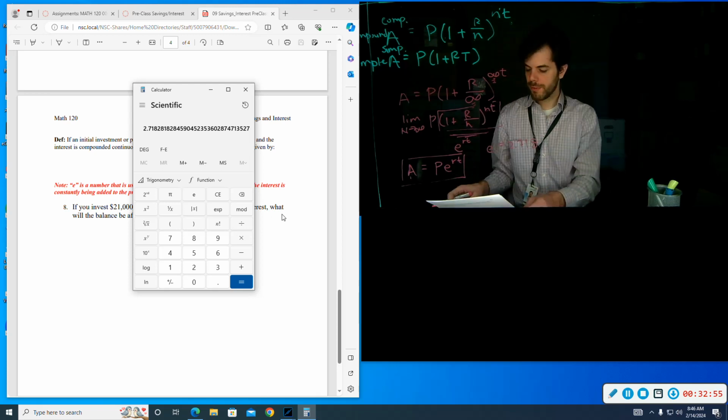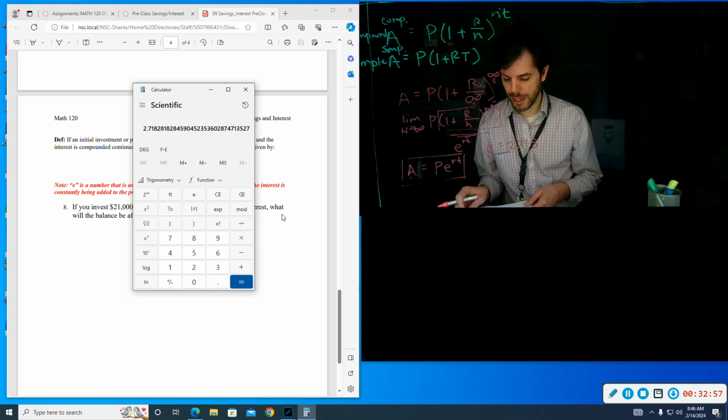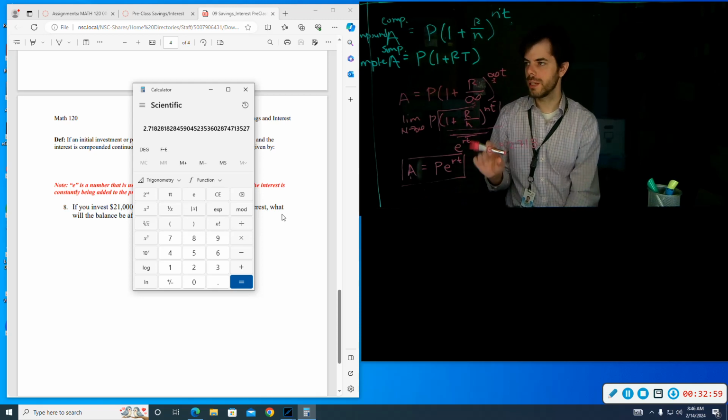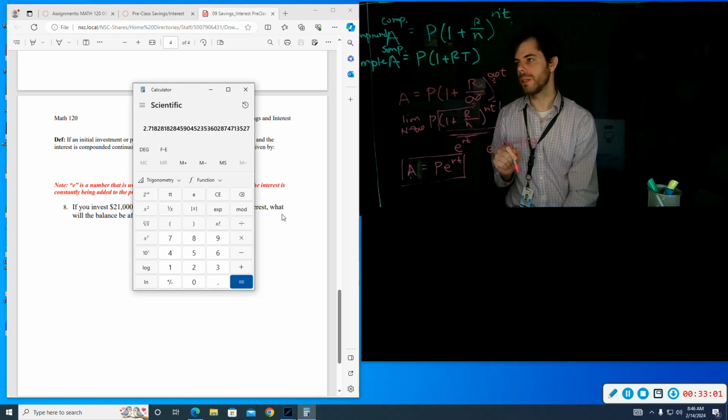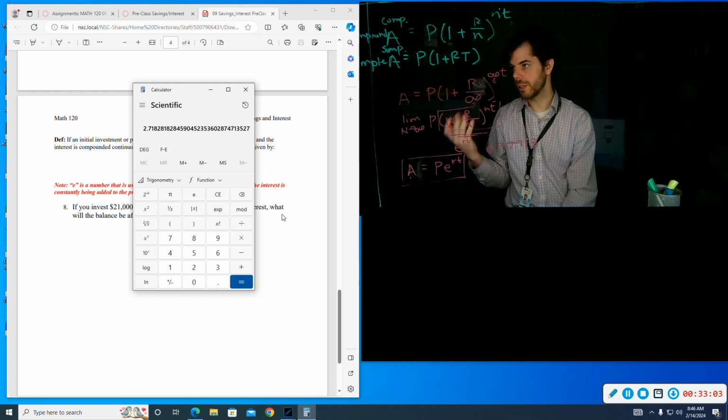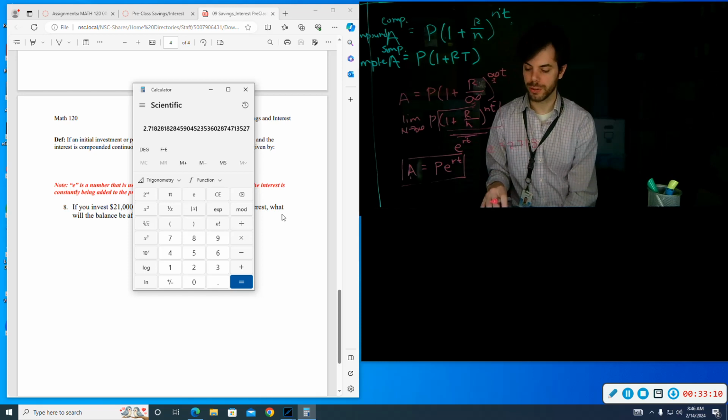Okay, if you invest $21,000 into an account that pays 8% continuous interest, what will be the balance after 20 years? So this is building on that last problem. This is going to show us the maximum amount of money we could earn over a 20-year period with an 8% interest rate.